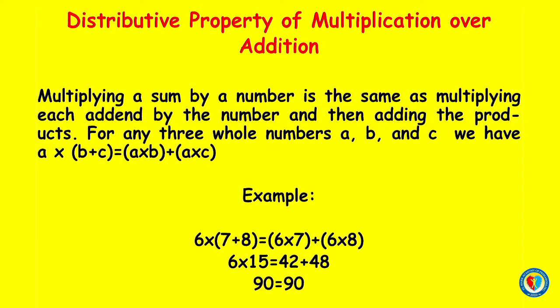Next, the distributive property of multiplication over addition means multiplying a sum by a number is the same as multiplying each addend by the number and then adding the products. For any three whole numbers A, B, and C, we have A times (B plus C) is equal to (A times B) plus (A times C).